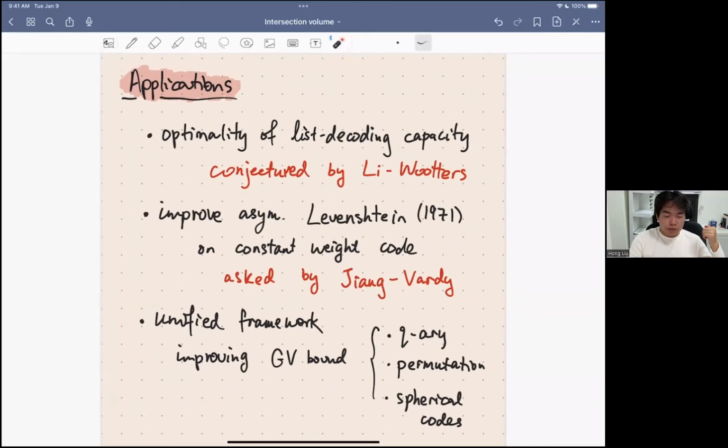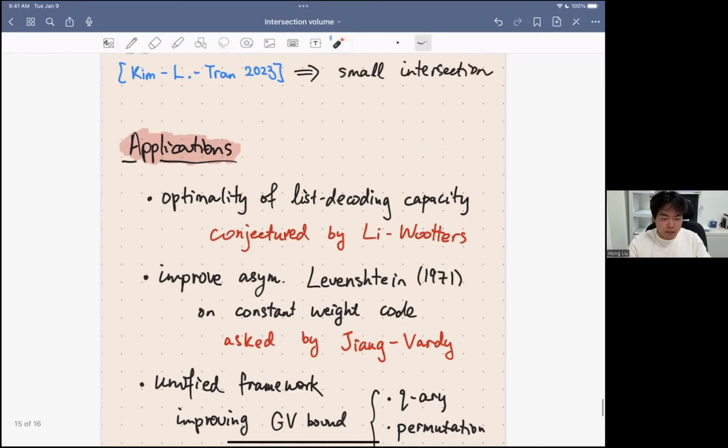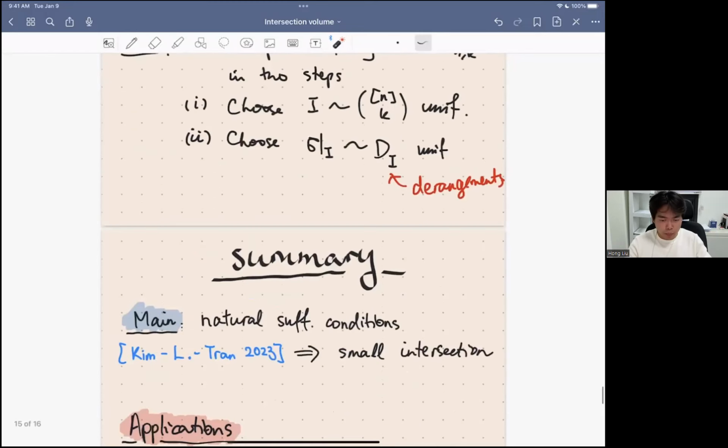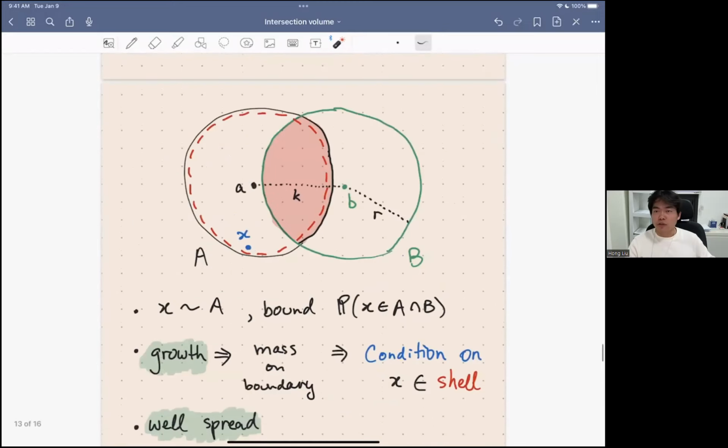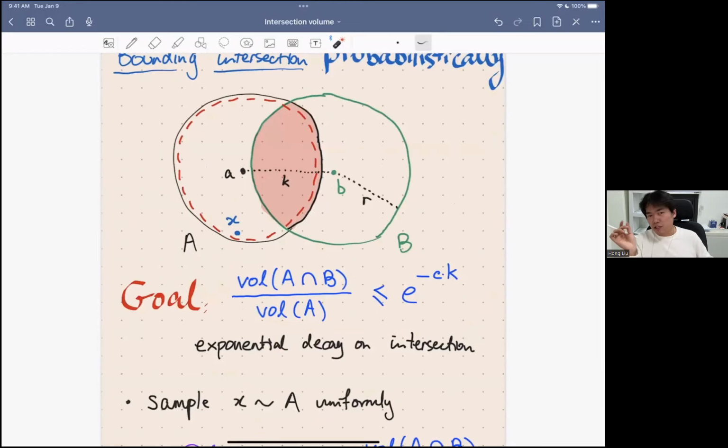And two other specific applications. There was a conjecture by Li and Wootters about the optimality of list decoding capacity, and basically making use of this exponential decay, we can resolve one of their conjectures on the list decoding, the size of the list for random codes.